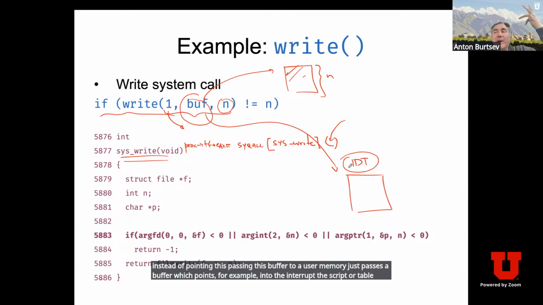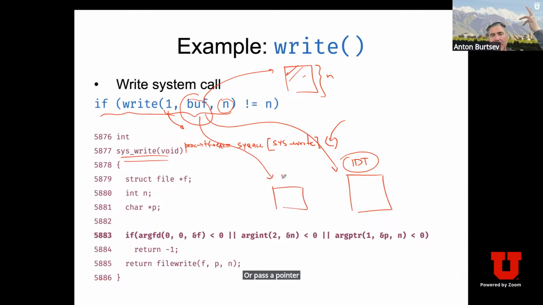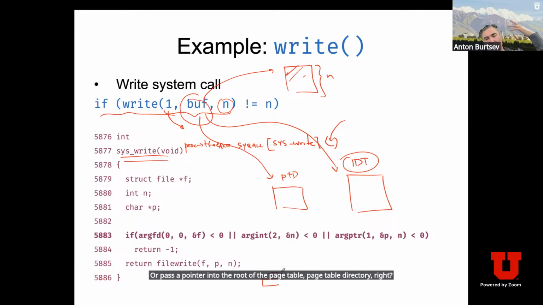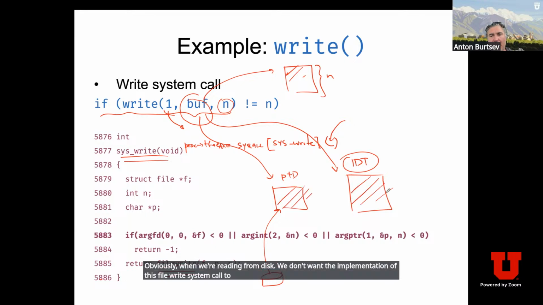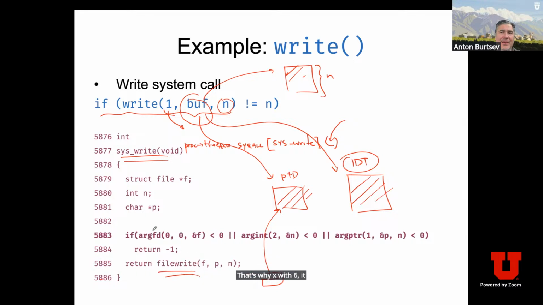Maybe the user somehow guessed the address of the interrupt descriptor table, or passes a pointer into the root of the page table directory, right? Obviously, when we're reading from disk, we don't want the implementation of this file write system call to overwrite any of the kernel memory. That's why xv6, it's kind of like a TSA check at the airport.